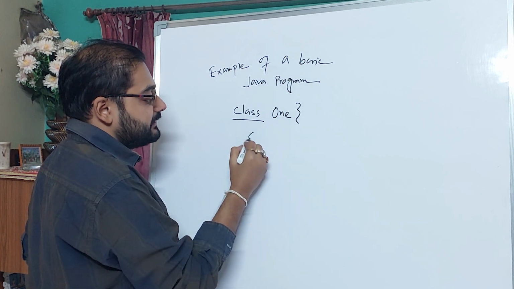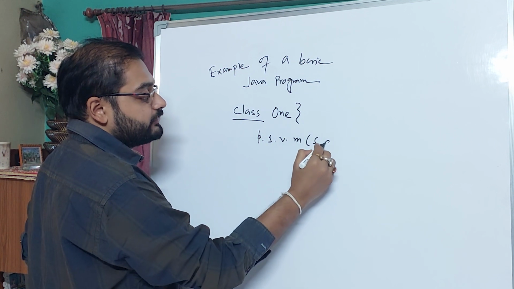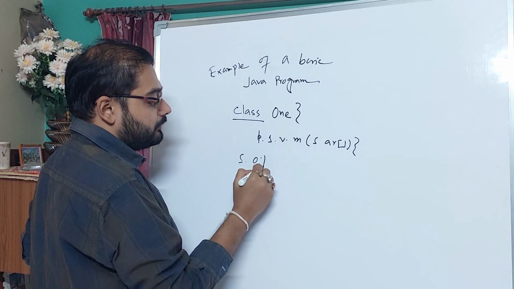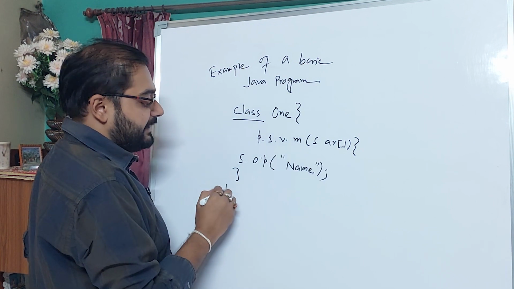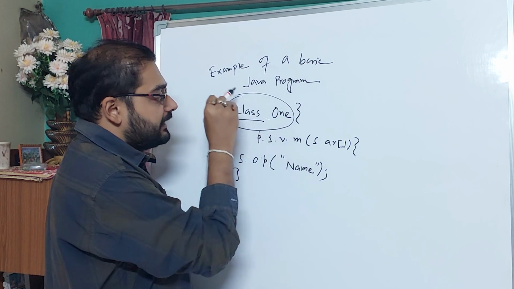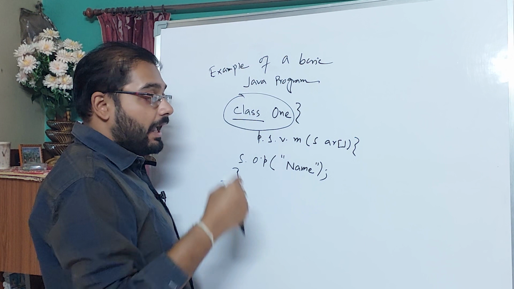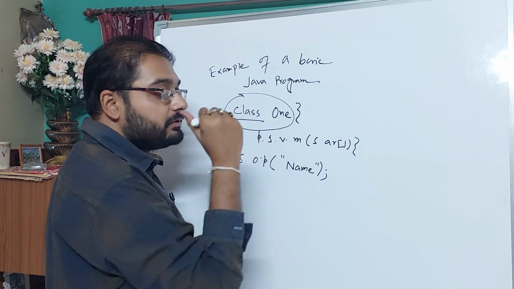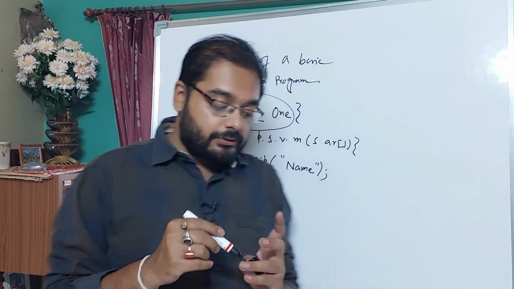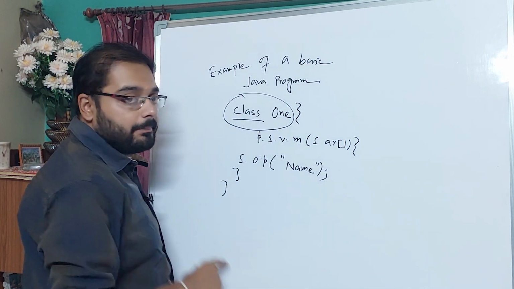So the first part is public static void main string argument, then system.out.println. This is the basic Java program, and what is important here is the class. Class is the first part here, and class is present at the top of the program. Without a class name, no program can be executed. So the class is very important in a Java program.